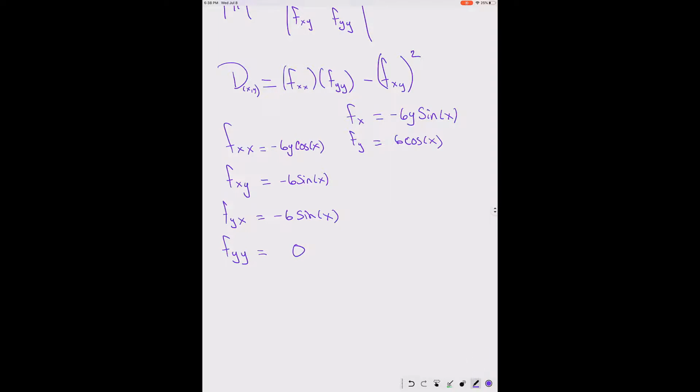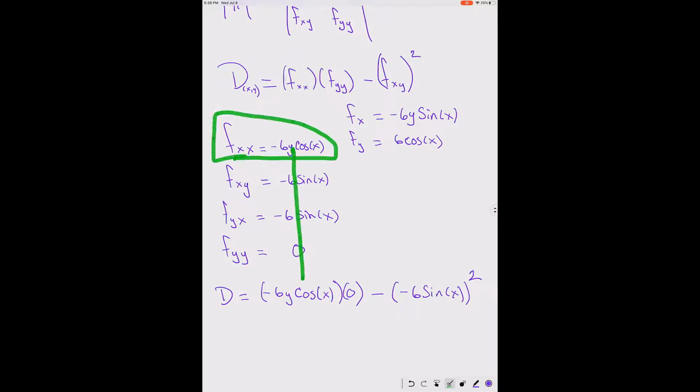And then I just plug them into this D formula, or the determinant of the Hessian. So I get negative 6 times y times the cosine of x, and then times 0, and then minus negative 6 times sine of x, and square it. That's what the formula says to do.